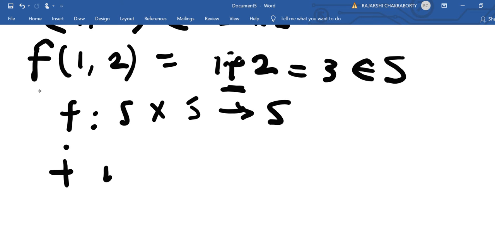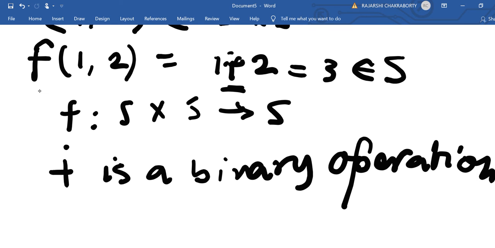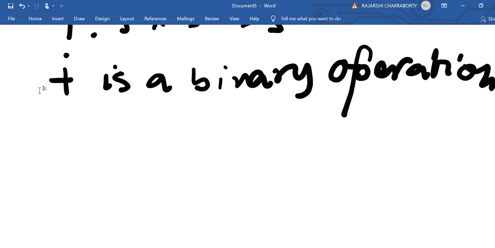So plus is a binary operation. So basically an operation which combines two elements of a set to give another element of the same set is called a binary operation.